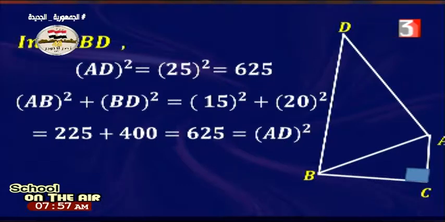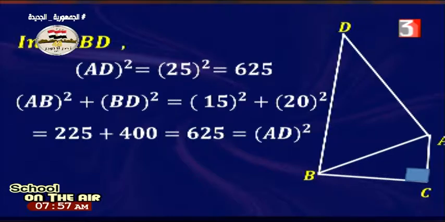Find the sum of the squares of the other two sides. So AB to the power of 2 plus BD to the power of 2 equals 15 to the power of 2 plus 20 to the power of 2 to obtain a result as 225 plus 400 equals 625. And what do you notice now?